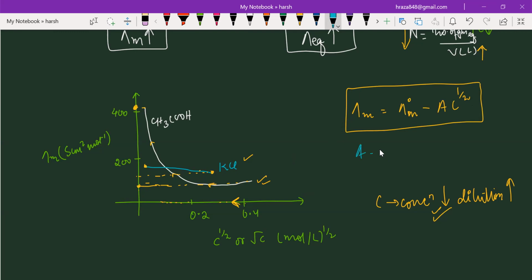A is a constant that depends on the type of electrolyte. Lambda naught m is the limiting molar conductivity.